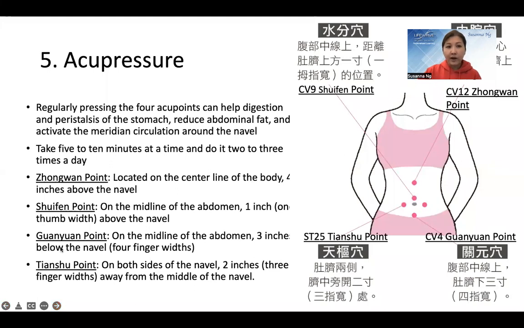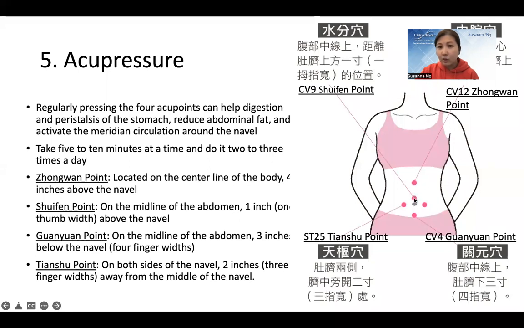Spend 5 to 10 minutes touching these 4 points around your belly button, at 12 o'clock, 3 o'clock, and 9 o'clock. Your belly button upward around 1 finger distance.